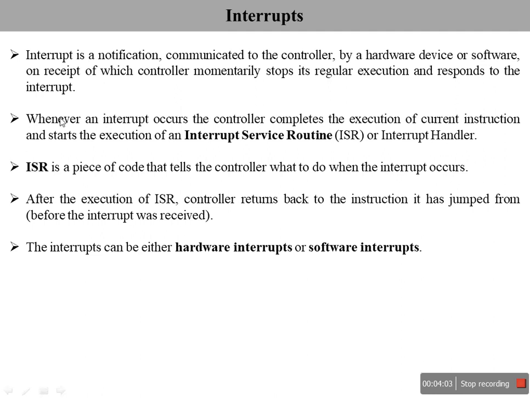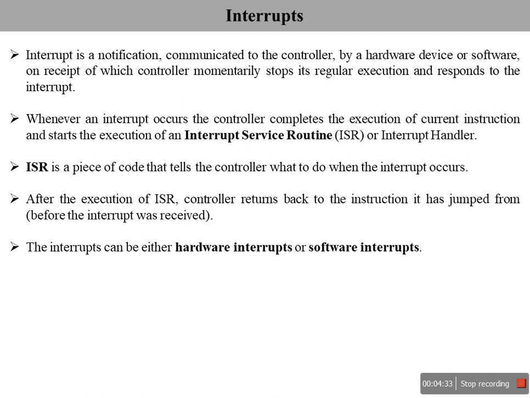Upon receiving a notification from the device, the microprocessor stops its regular execution and goes to a special code that we call the ISR or interrupt handler. After executing that, it again comes back to the main program. Hence, it is the way by which the attention of a microprocessor is dragged towards a specialized code.